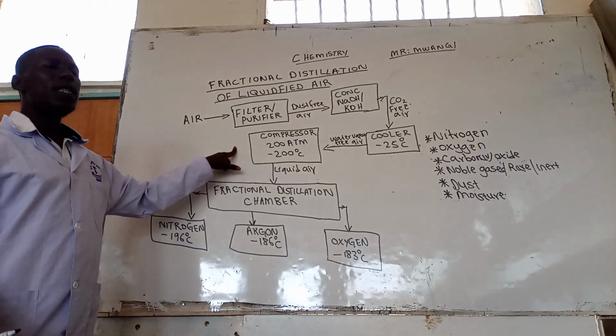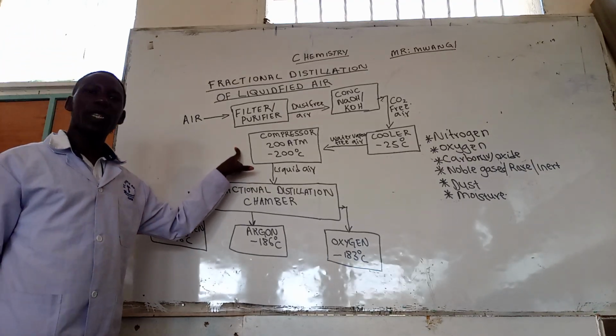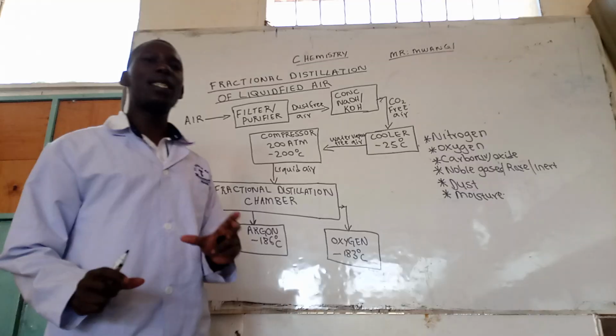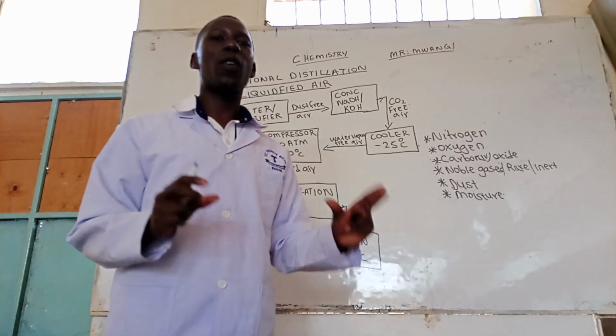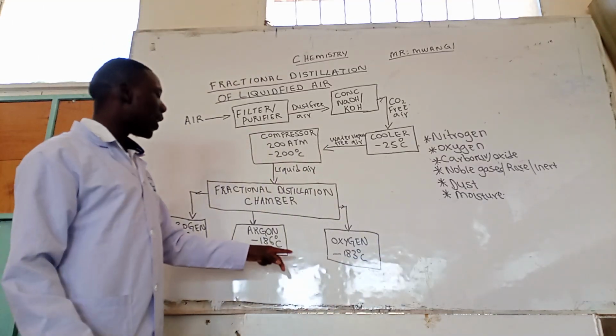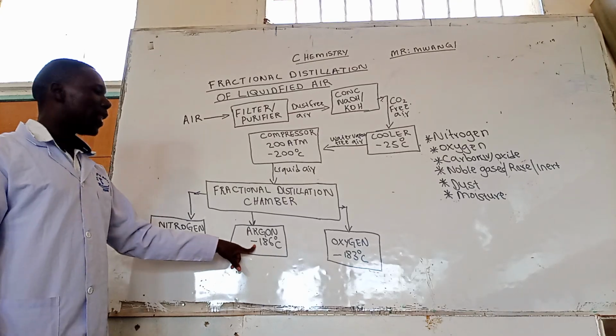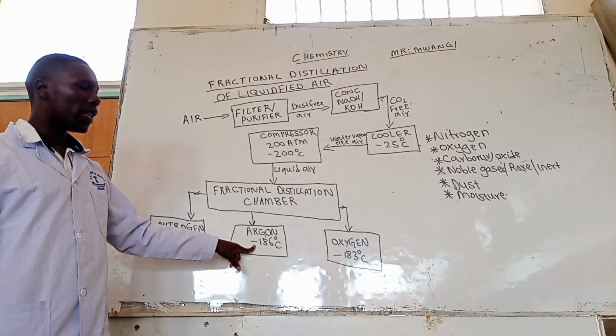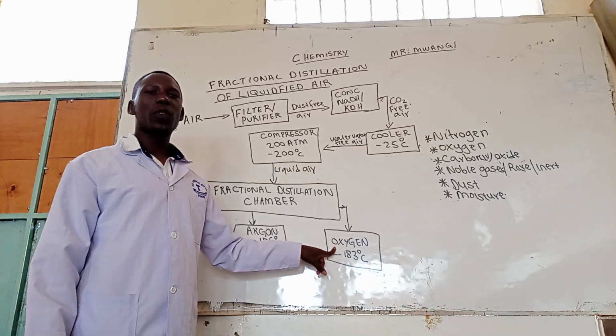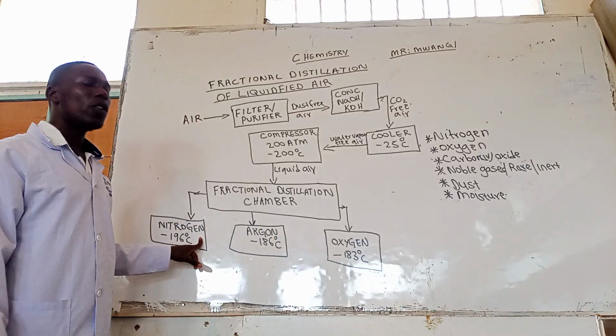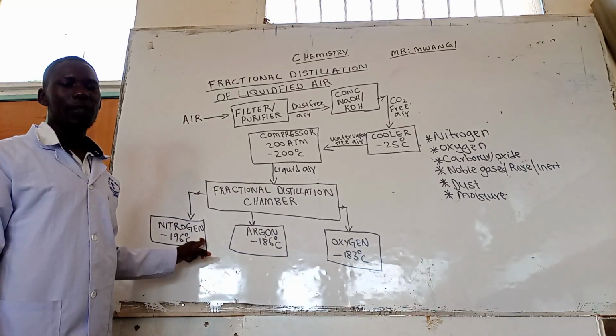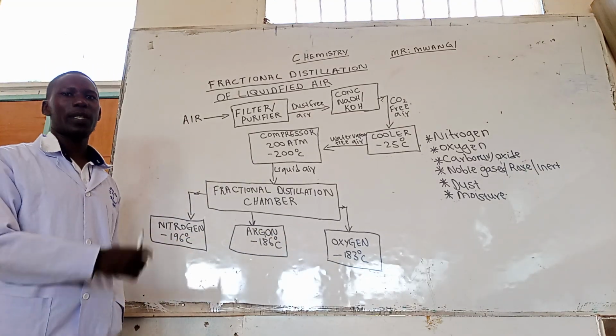Now, this fractional distillation process is aimed at separating each one of them so that at the end we may obtain the rare gases, that is mostly argon. We can also obtain oxygen and nitrogen from this process.